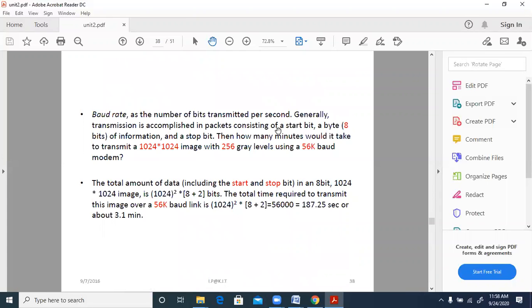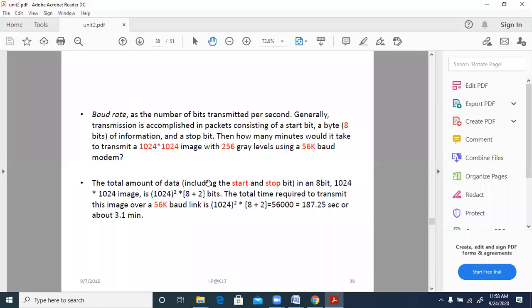Now let us go back to that baud rate. Baud rate is the number of bits transmitted per second. Generally, transmission is accomplished in packets consisting of a start bit, a byte of 8 bits, and a stop bit. So 1 plus 8 plus 1 will be 10. Then how many minutes would it take to transmit a 1024 into 1024 image with 256 gray levels using a 56K baud modem?